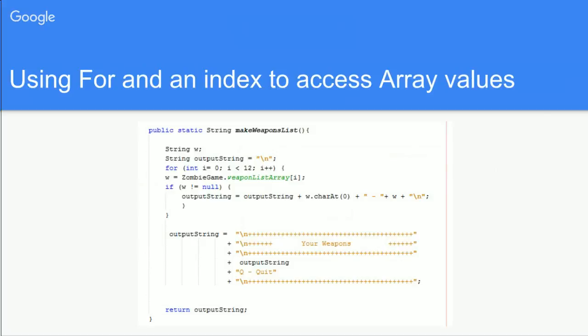And so this little for with the index is used to parse through the list, extract all the pieces of the array that have values, and then add them to the string that creates new lines in the menu that populates that list so that the user can select a new weapon. And that's how that goes.